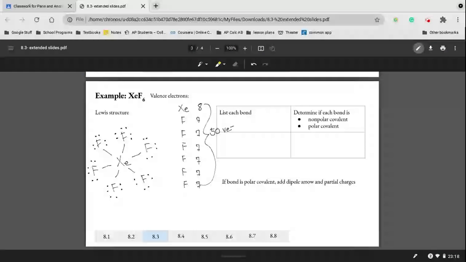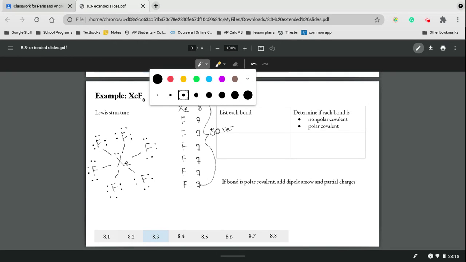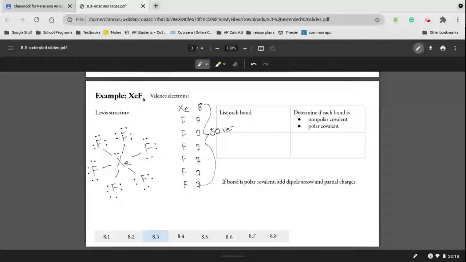Now all our fluorines are good, but we still have 2 valence electrons to go. But since xenon has that expanded octet, we can just throw those last 2 on it. So all 50 of our valence electrons are there, everything is satisfied, xenon has that expanded octet, and that's good.